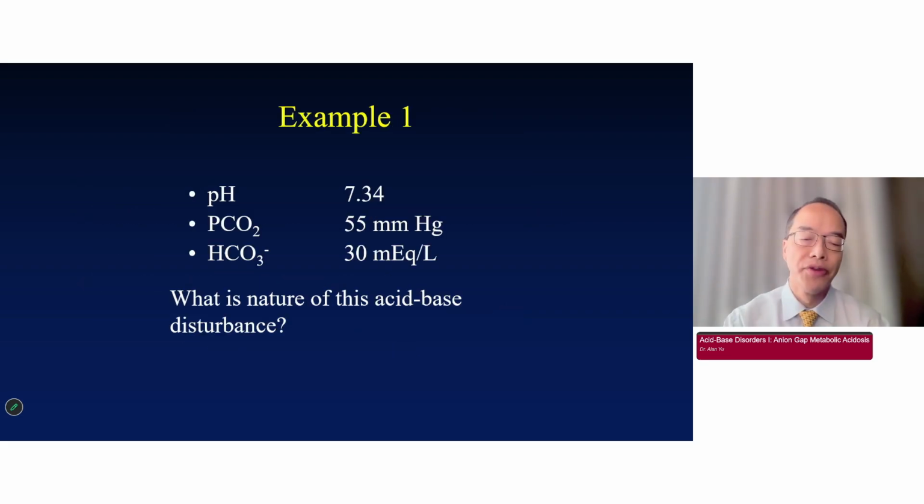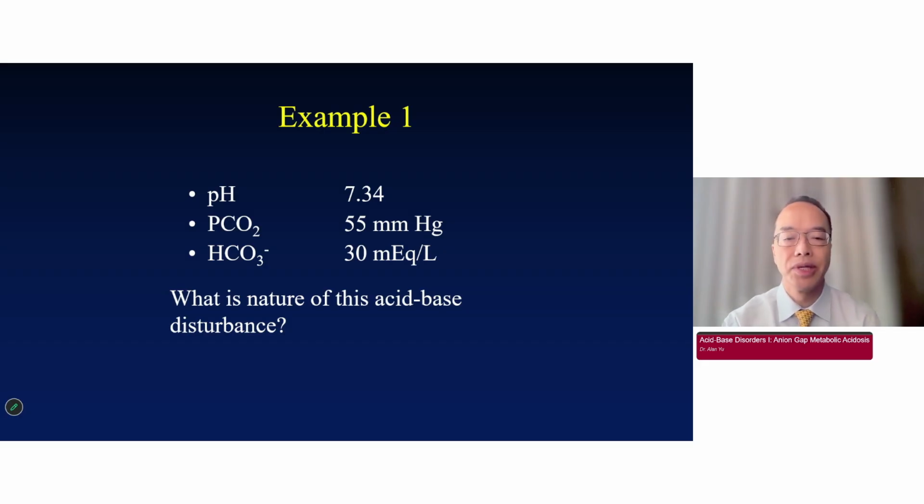So here are a couple of very simplistic examples. Here you have a patient whose pH is 7.34, so this is an acidemia. We're looking to see whether this is caused by a respiratory acidosis, in which case the PCO2 should be elevated, or a metabolic acidosis, in which case the bicarbonate should be decreased.